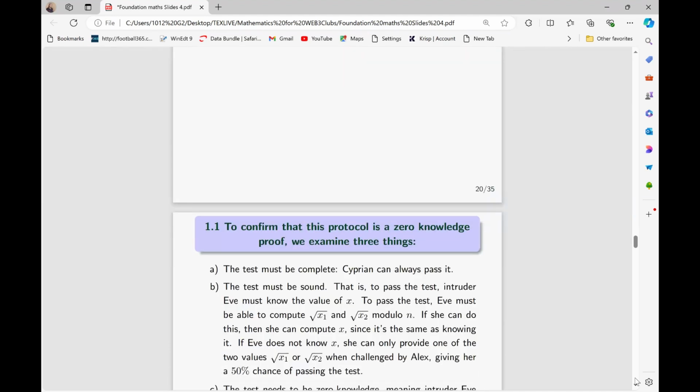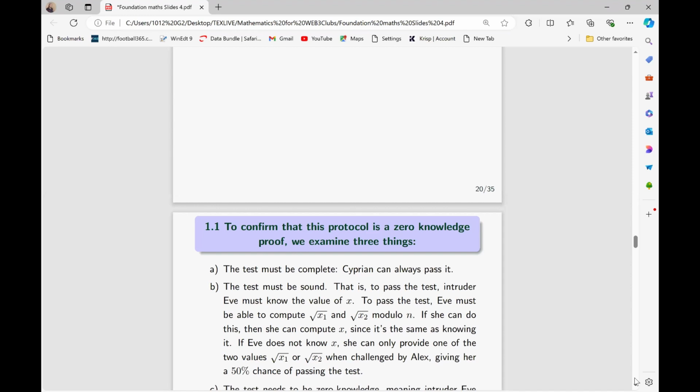Now, how do you confirm that this protocol is zero knowledge? The first way to confirm that it's zero knowledge is that the test must be complete. What we mean by the test must be complete is that the person who claims to know must always pass.